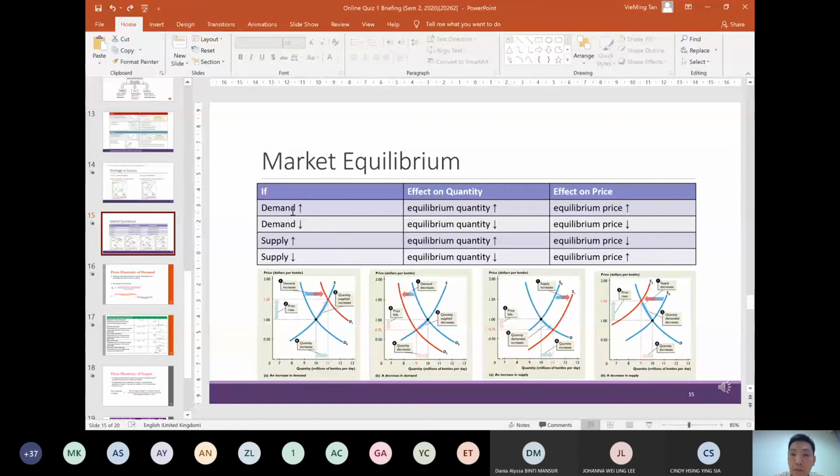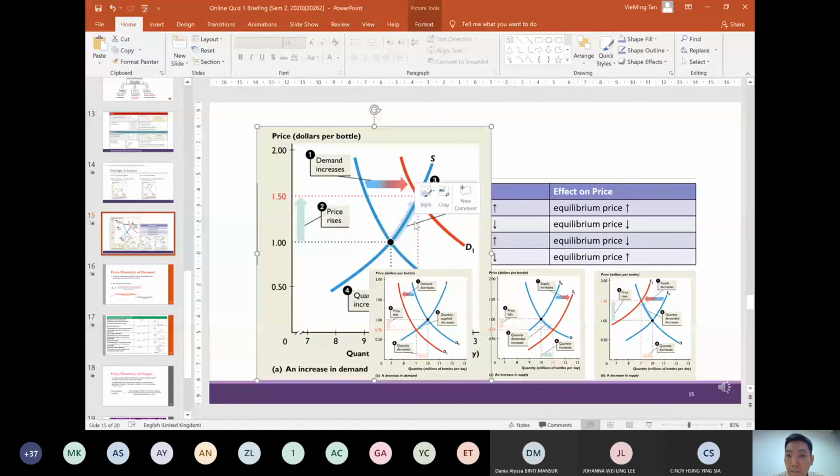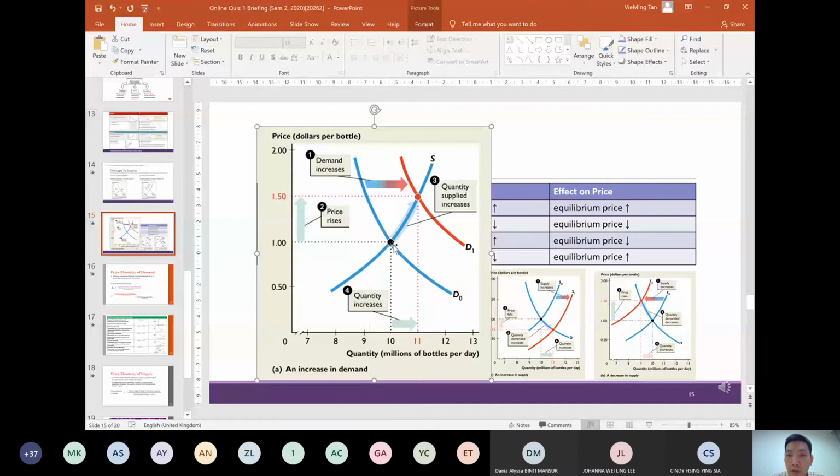That means this will shift the demand curve to the right. Referring to this slide, before that the equilibrium point was here. If the demand curve shifts to the right, there is a new equilibrium point. At this new equilibrium point, both the equilibrium price and equilibrium quantity increase for the first scenario.